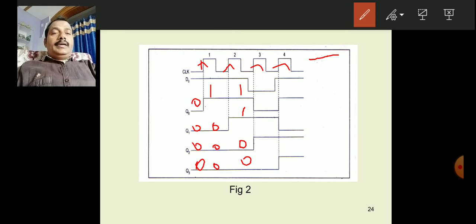Next, in the next pulse, you see D0 value has become 0, hence Q0 becomes 0, and now this Q1 takes the value of Q0, hence it is 1, and Q2 will take the value of Q1, because Q1 value is 1, hence it is 1.